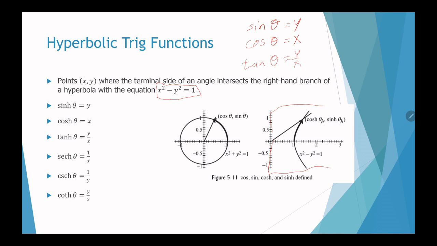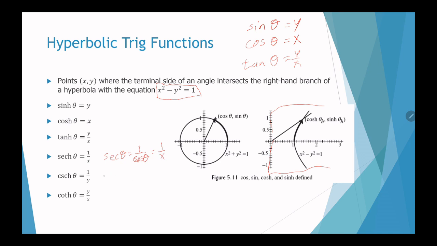Sech of theta is 1 over x. And we might think of that as secant of theta is actually equal to 1 over cosine of theta, which would be 1 over x, right?